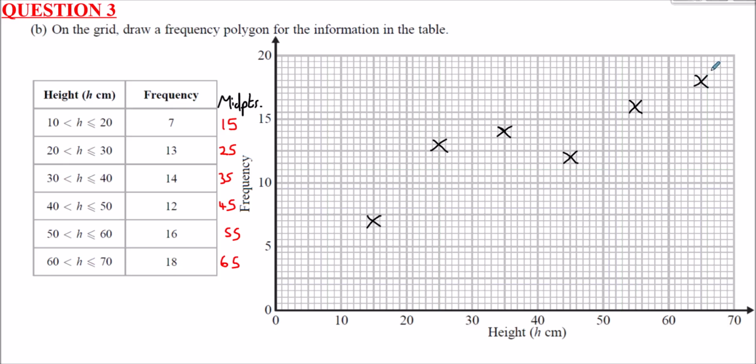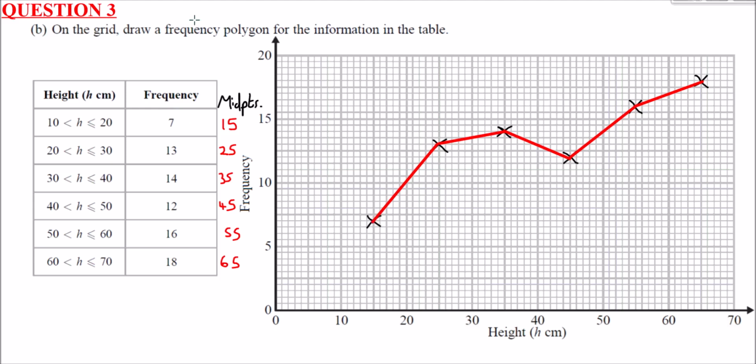Now, by doing that, we're only halfway done. So to finish it off, we get a ruler and join these points with a straight line from point to point. And that makes what's known as a polygon. And that will do. So question 3b is now finished.